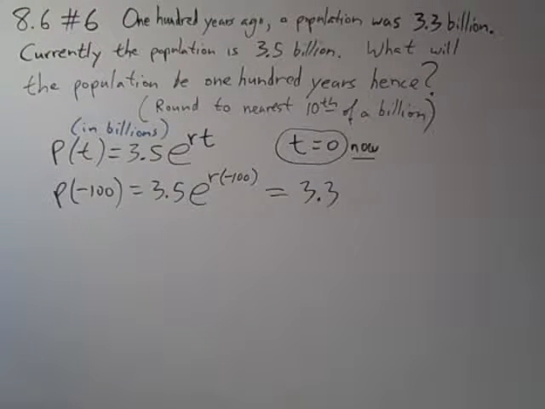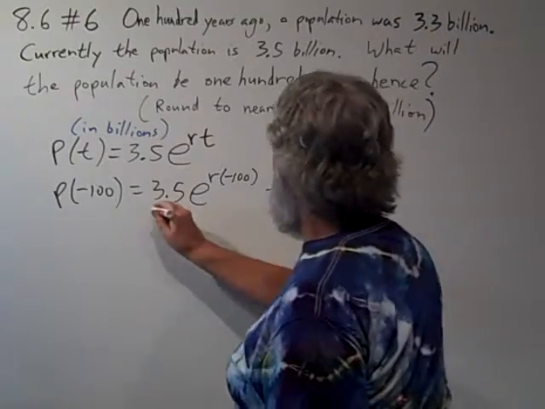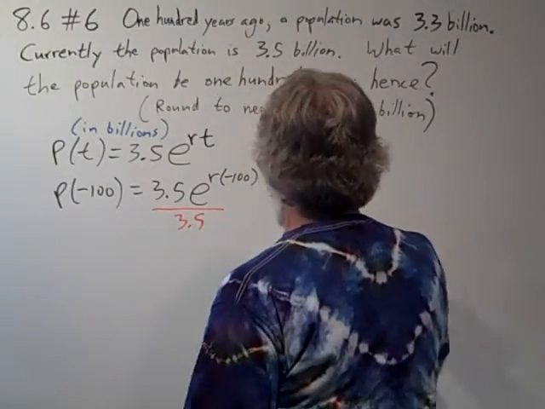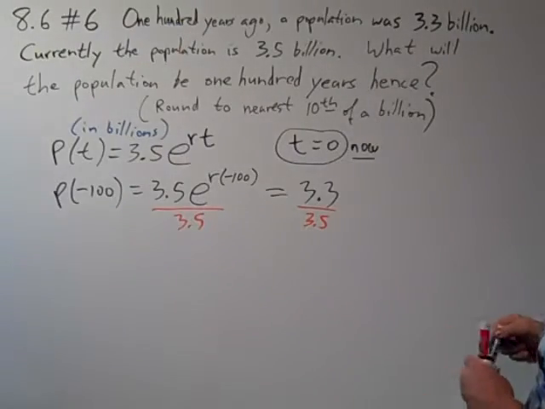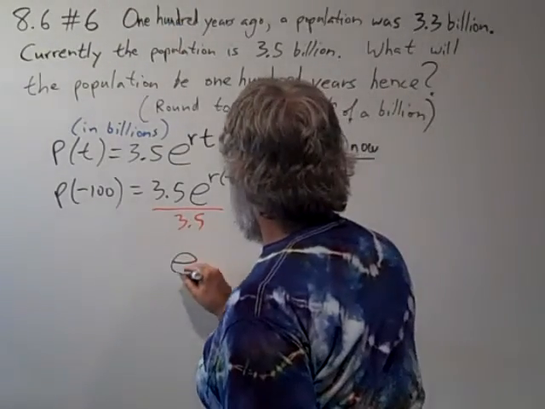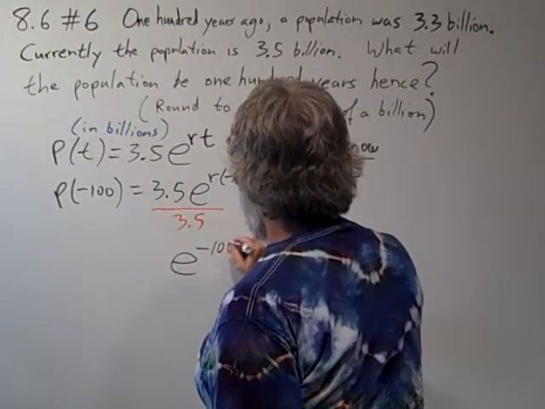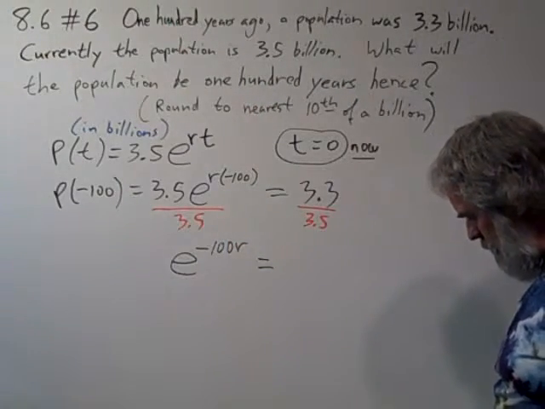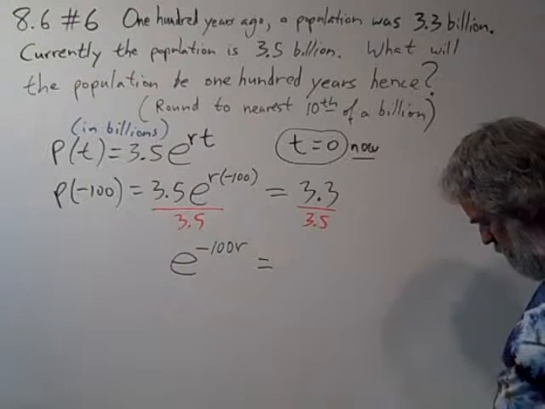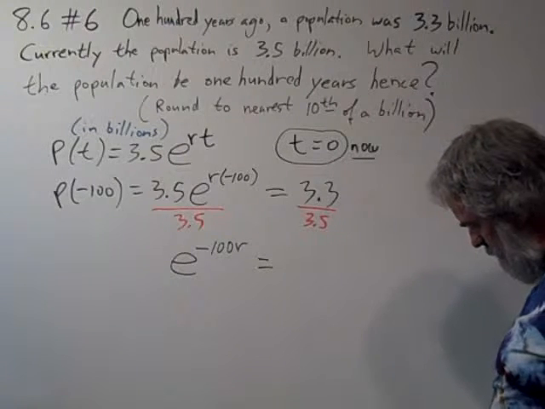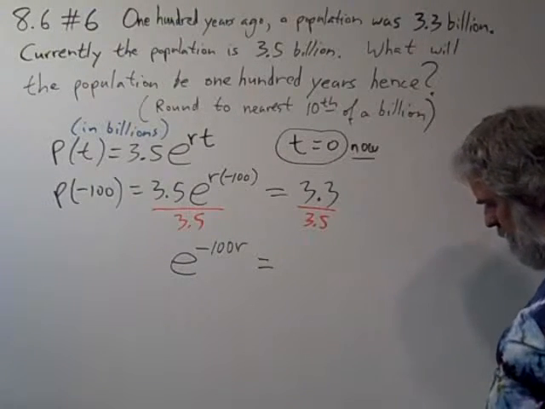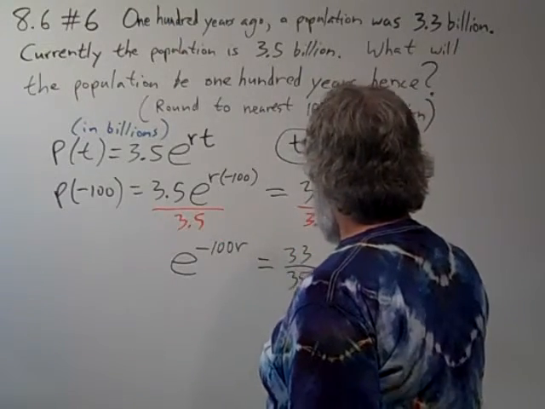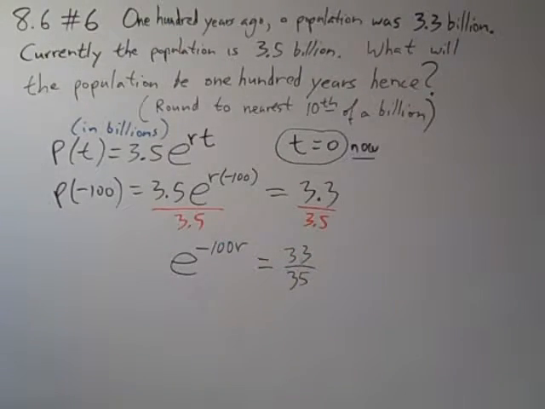Okay, so if we divide both sides of this equation by 3.5, we get that e to the negative 100r is equal to, let's see, 3.3 divided by 3.5. Let's just leave it like that. In fact, we can write it as 33/35 if we want.